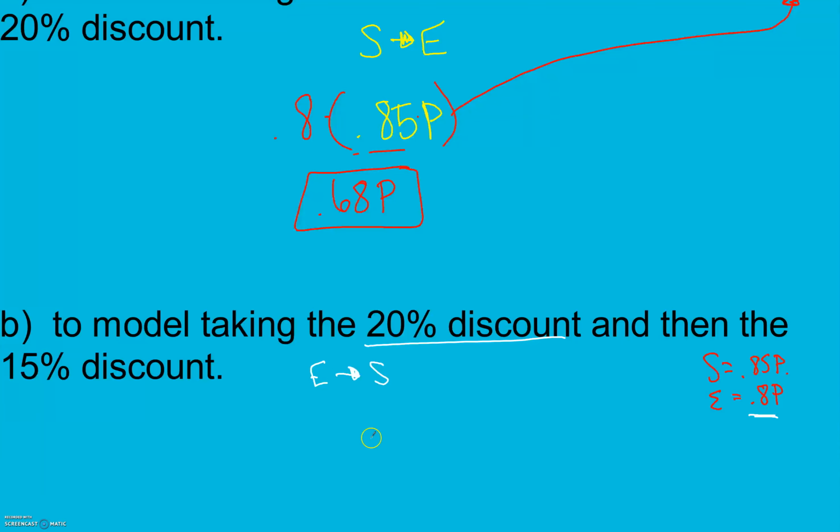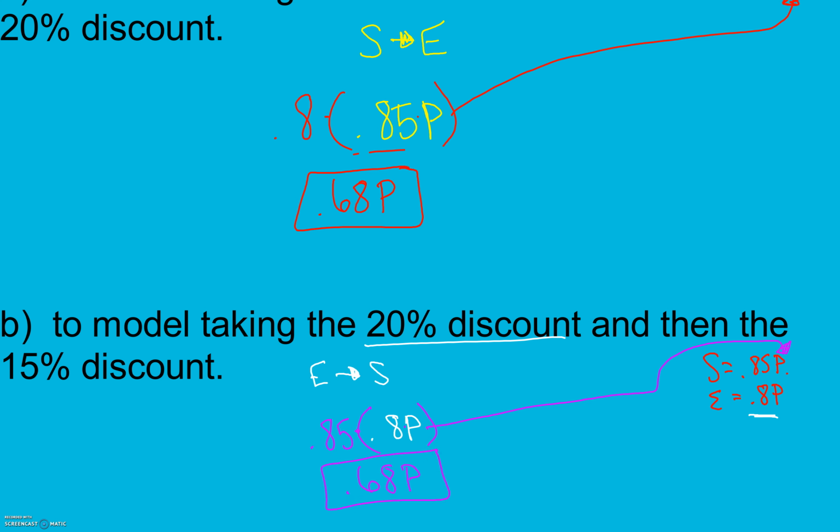So we start off with our employee discount, and whatever value we get for that, we substitute in to the store. Whatever value that is, we plug in for p, which means we'll multiply by 0.85. Here, all we're doing is multiplying, and again, we're going to get 0.68p. So it doesn't matter, guys, which order when all we're doing is multiplying.